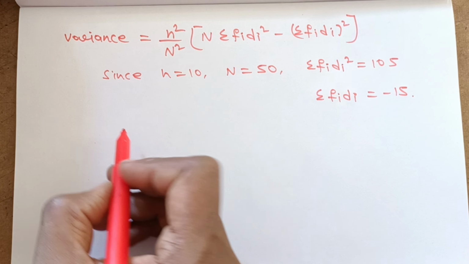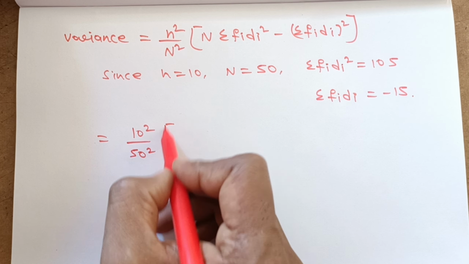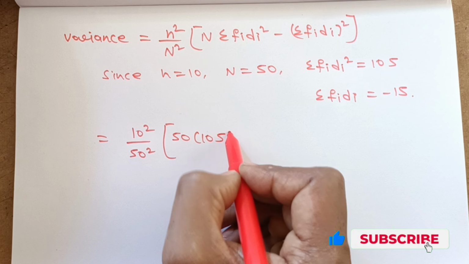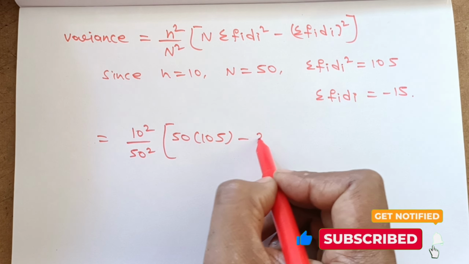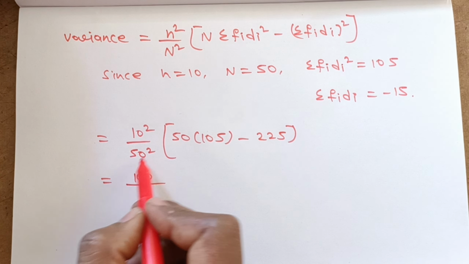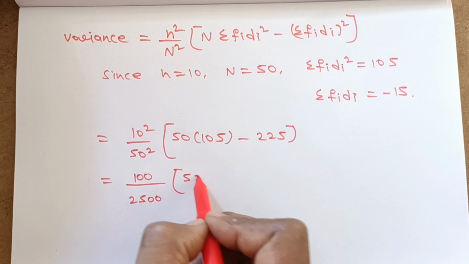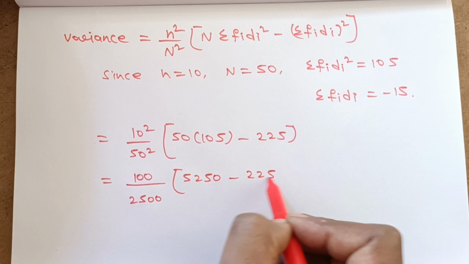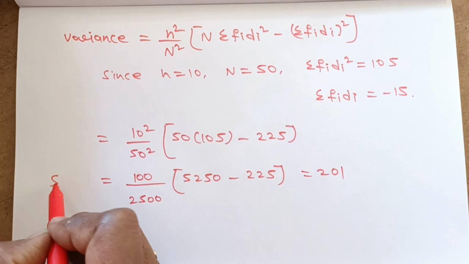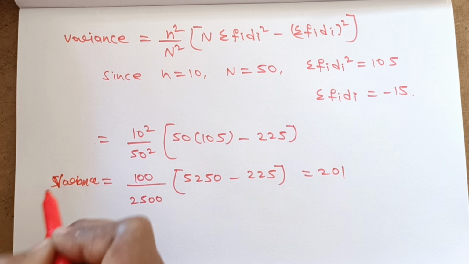Now substitute all these values: 10 square over 50 square into 50 into 105 minus 15 whole square, that is 225. Clearly, 10 square is 100, 50 square is 2500, and 50 into 105 is 5250 minus 225. So we can calculate this and we get 201. So this is the variance.